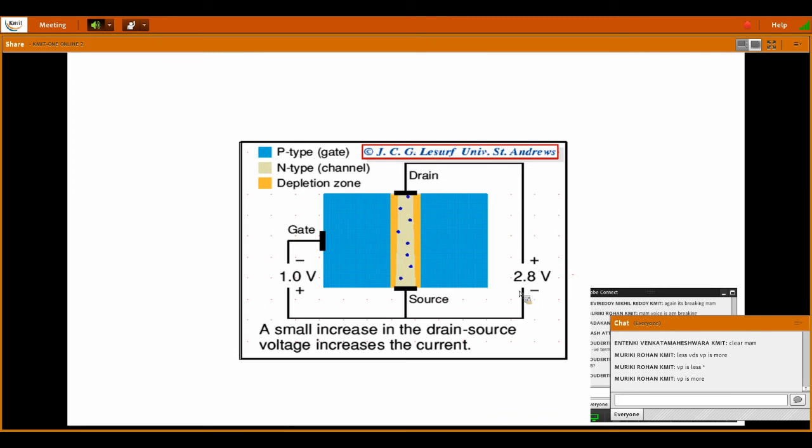All of you observe here. See how the depletion regions are increased near the drain, because reverse bias is more near the drain. So when both the depletion regions touch each other, it is nothing but the pinch off point.